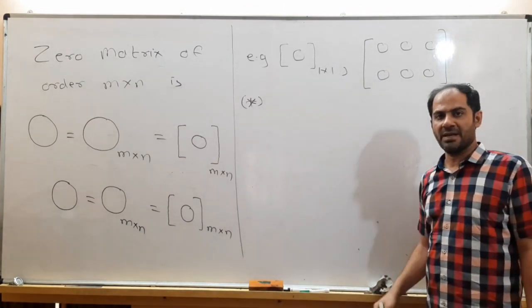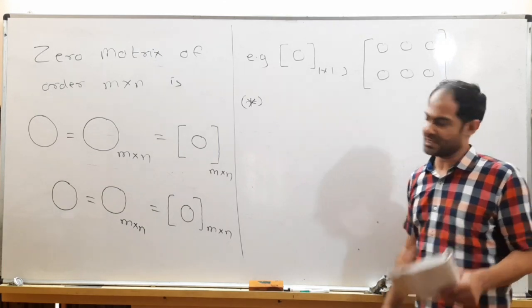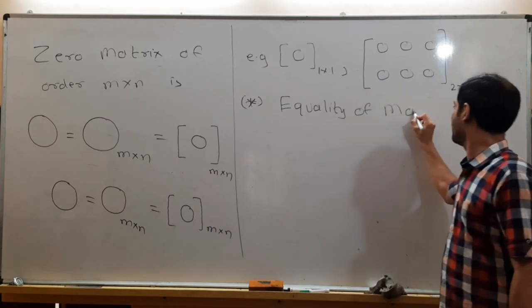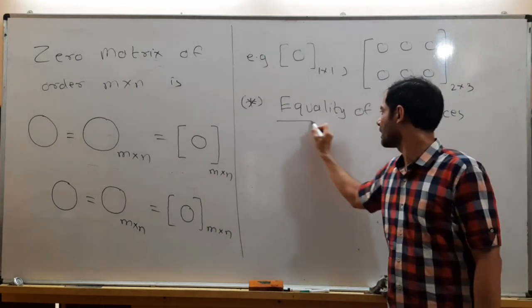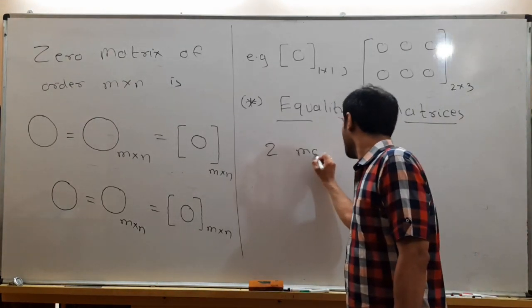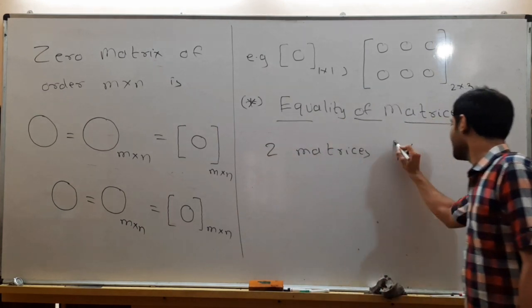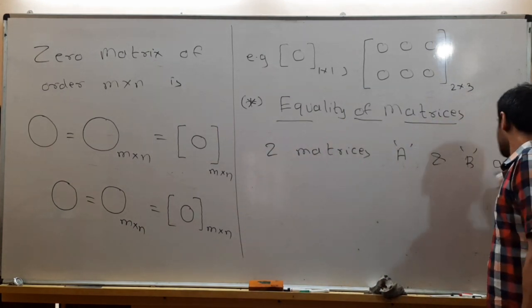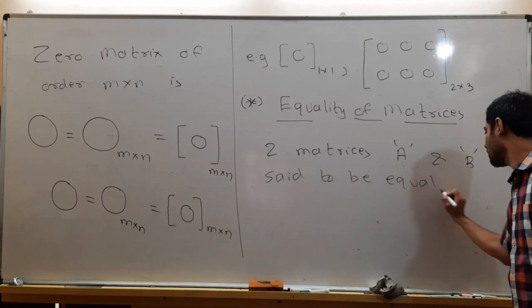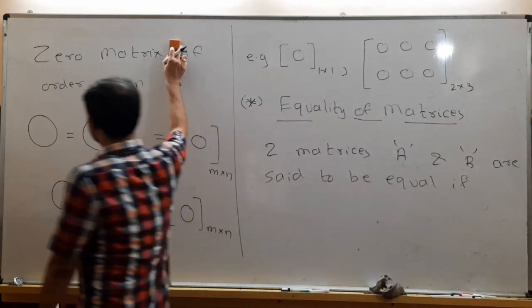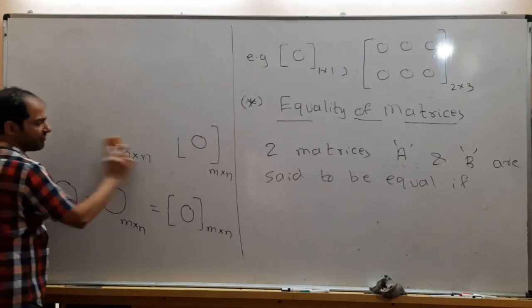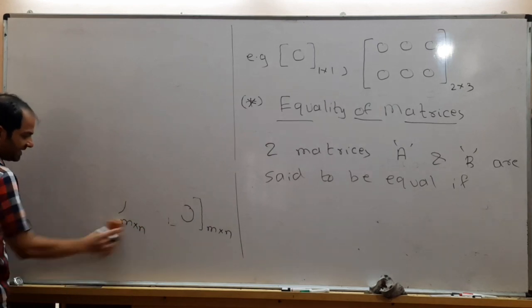Okay. Now, moving on to the next topic before the first exercise, equality of matrices. Two matrices A and B are said to be equal if, first of all, they are of the same order, and second, corresponding elements of A and B are equal.